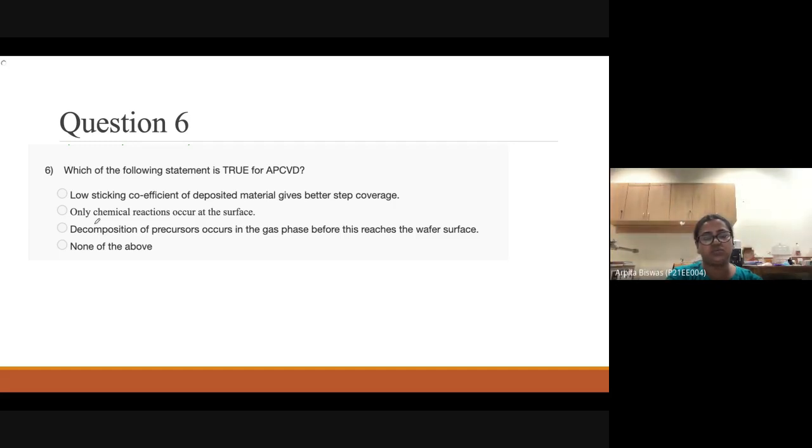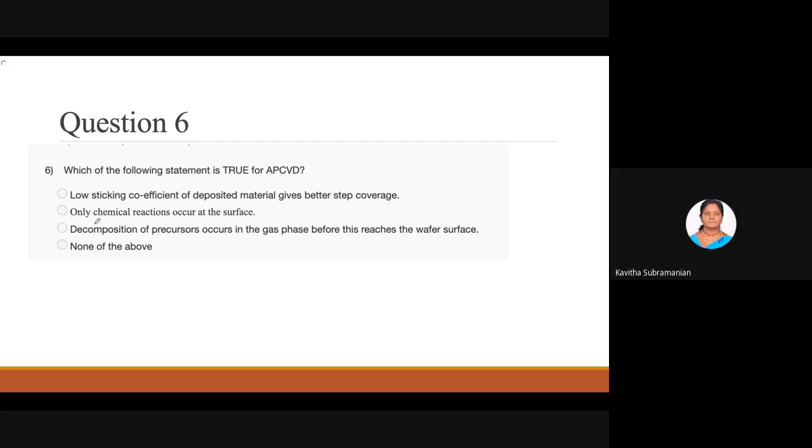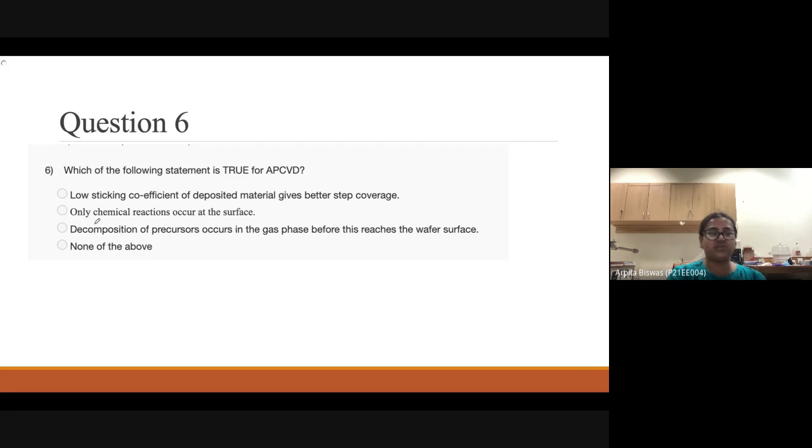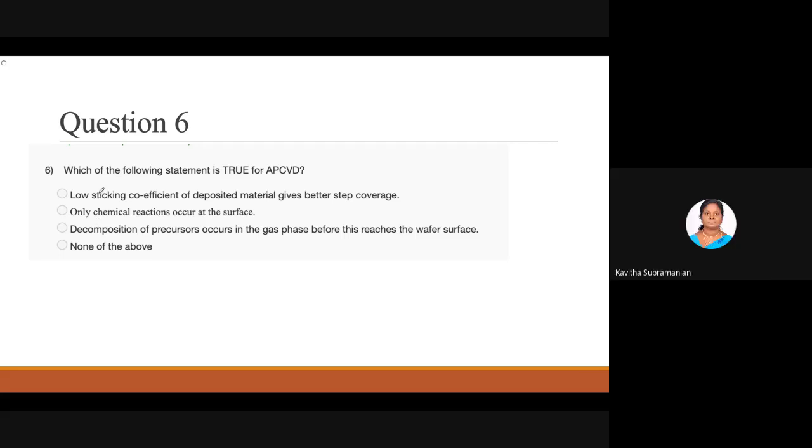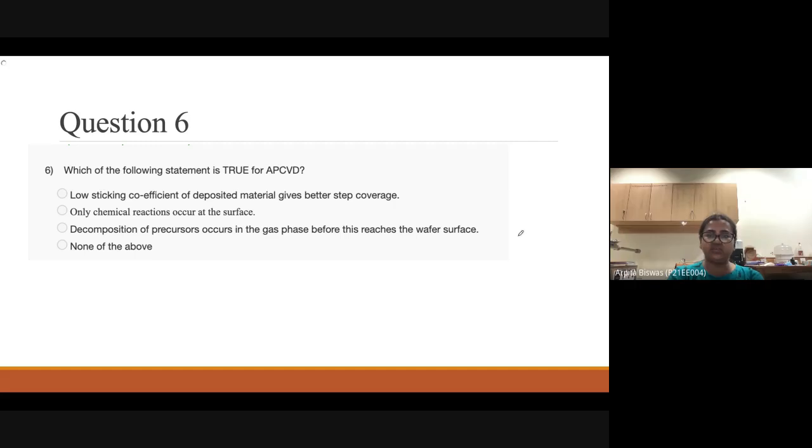One by one, go through the options. Low sticking coefficient. Only chemical reactions occur at the surface. What do you think about all the options, the A? No, I think it is not B. This one is not the correct answer.